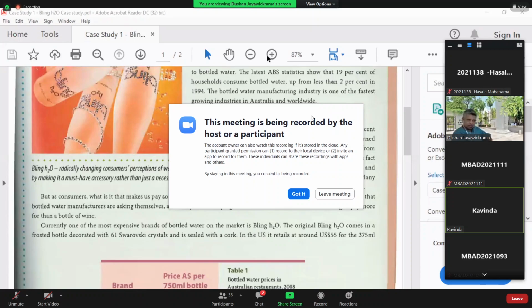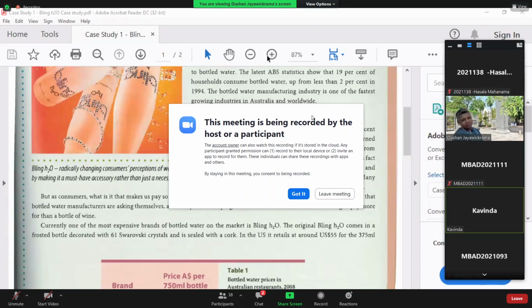The product is made of English mountain spring water in the Danbridge place, and the company is using a 9-step purification process. That is a high-end production process. The bottle comes as a cork-sealed glass bottle, handcrafted and adorned with Swarovski crystals. So the outer package is very prestigious and very costly.